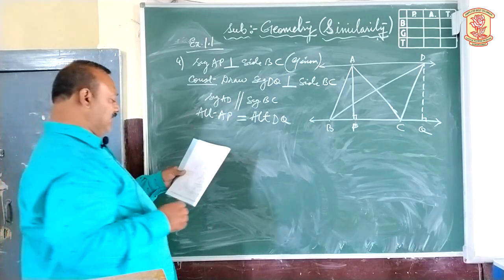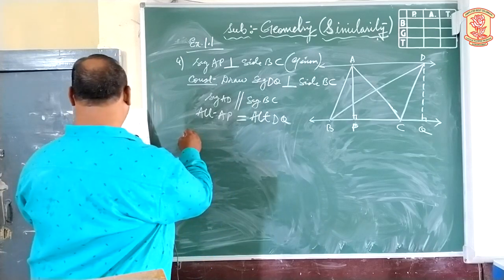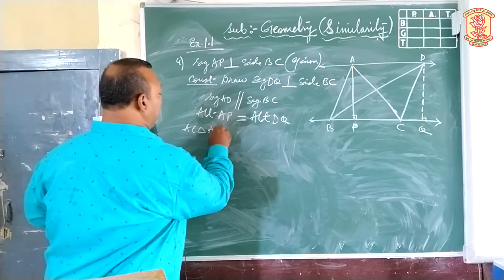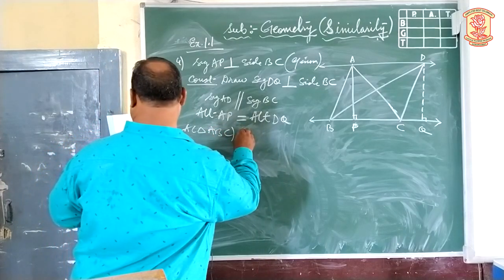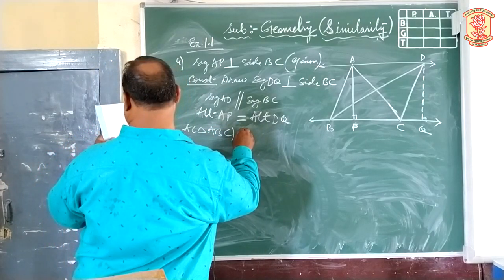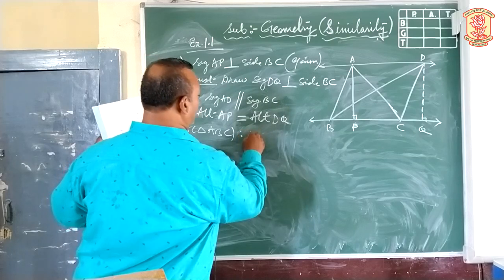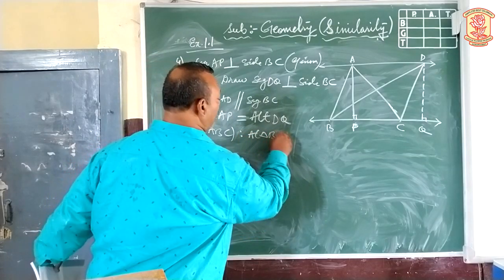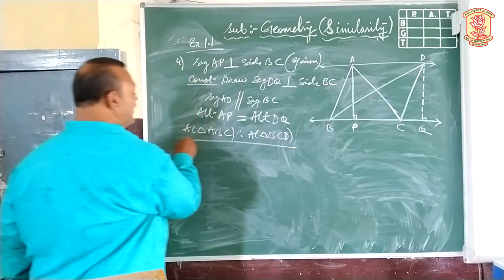Now what is asked? Show that the ratio of area of triangle ABC to area of triangle BCD. What is asked in the sum?